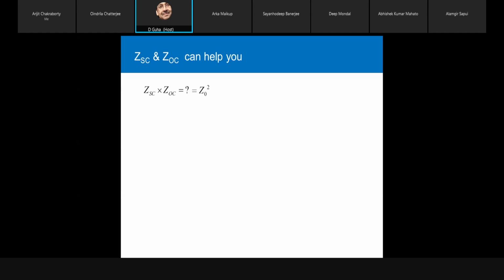So can you get some clue? How can you measure your Z0 without measuring L? Without measuring C? Yes, sir. So that is the trick. Unless you go through this mathematics, it is difficult to physically realize that Z0 is actually the square root of the product of short circuited and open circuited input impedance.